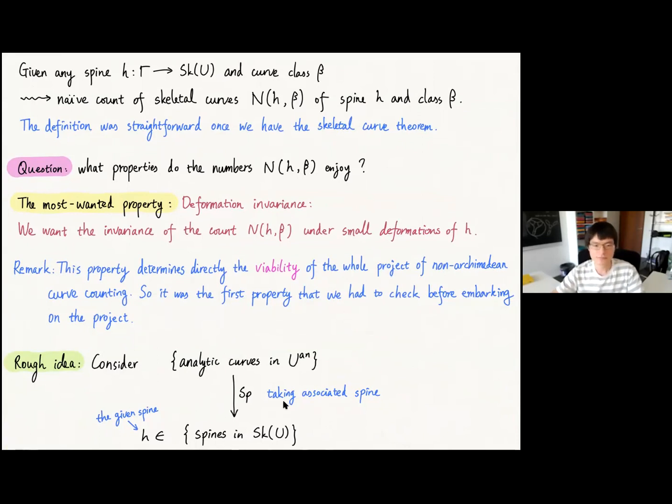We consider the space of analytic curves in U^an. And we have the map taking the associated spines of the analytic curves, and we reach the space of spines in the essential skeleton, Sk(U). And say we are given some spine H in the space of spines.